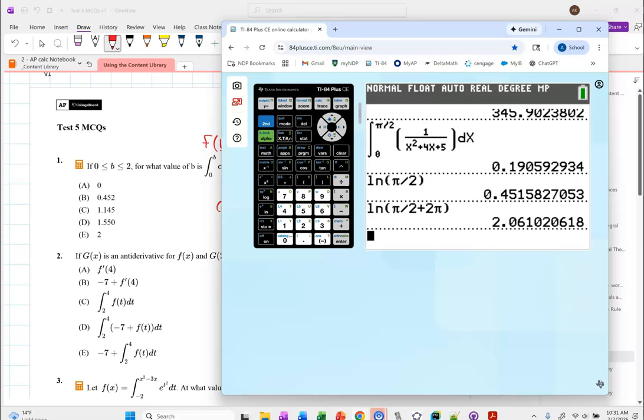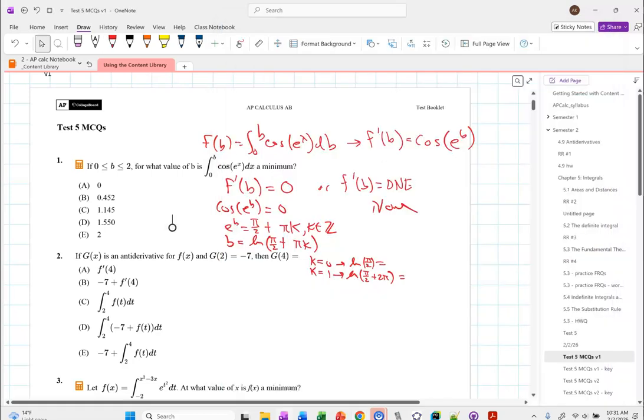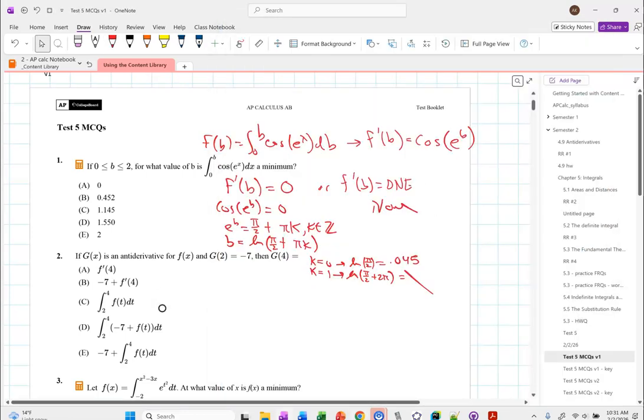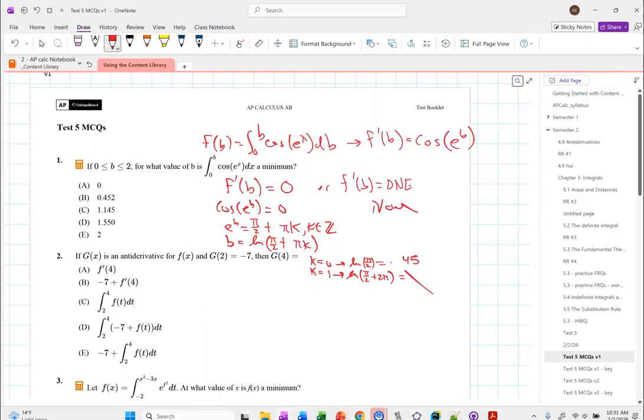Do I need to worry about this one? Nope. Why not? It's over 2. Okay. Is that 0.45 or 0.045? Those two. Okay.